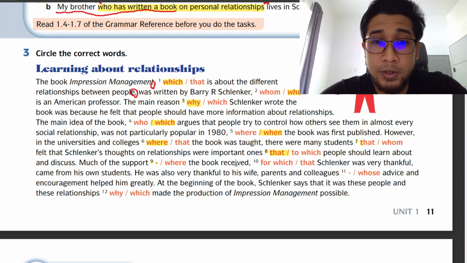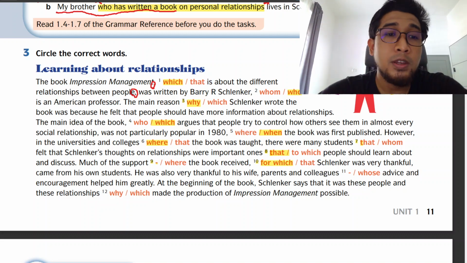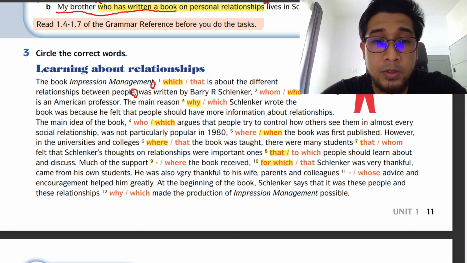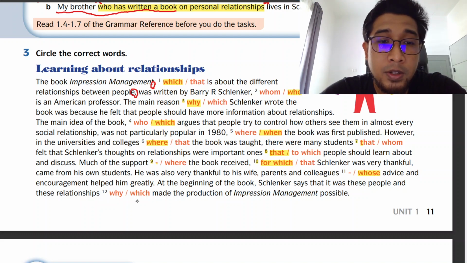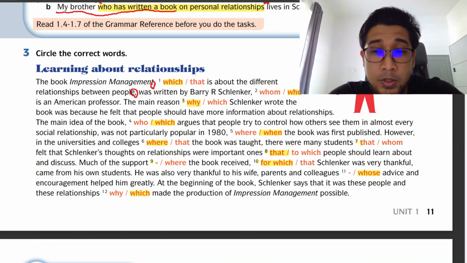The book received, for which Schlenker was very thankful, came from his students. He was also very thankful to his wife, parents, and colleagues, whose advice and encouragement helped him greatly. Encouragement is sokongan. At the beginning of the book, Schlenker says that it was these people and these relationships which made the production of impression management possible.